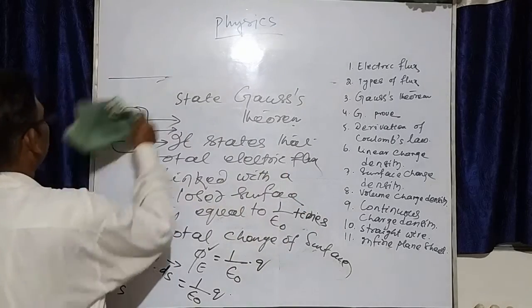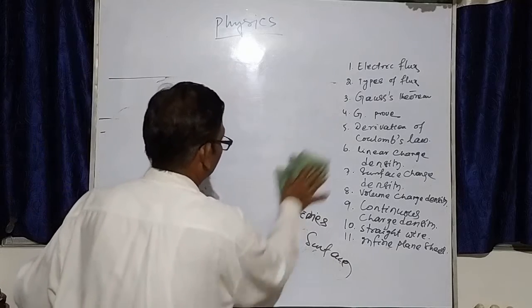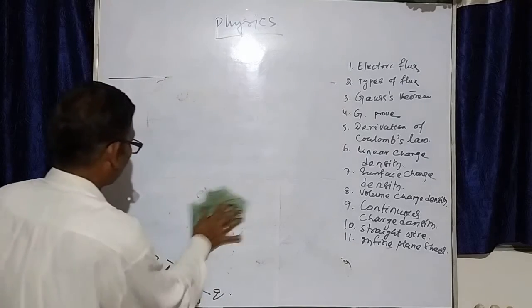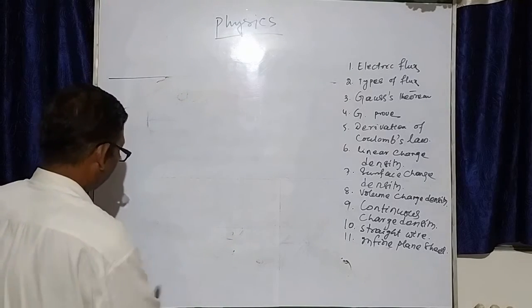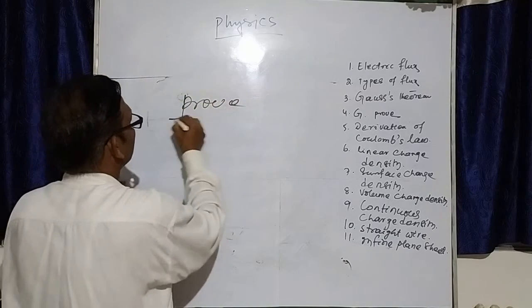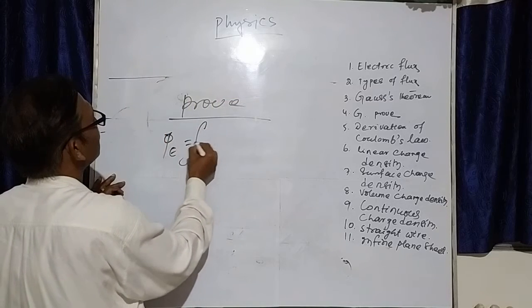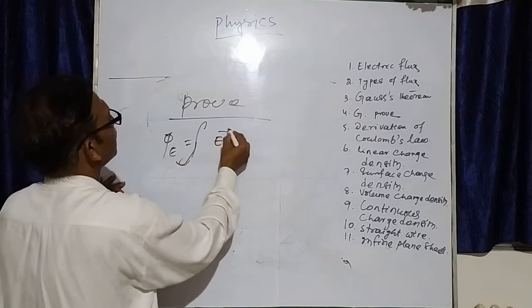Next come to the proof of Gauss theorem. You see, proof of Gauss theorem. This is called your total flux, integration E dot ds.